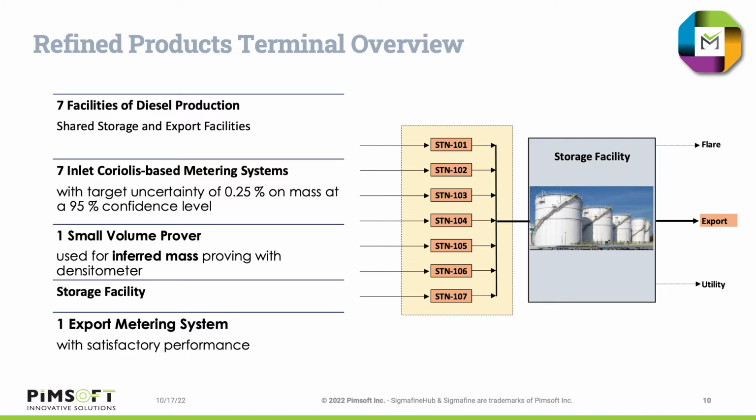The design uncertainty of the inlet meters was 0.25% at 95% confidence level, which is quite typical target for custody transfer measurement. The export metering system was believed to be operating correctly because after each loading, ship to shore figures were calculated and seemed to be within the expected range.